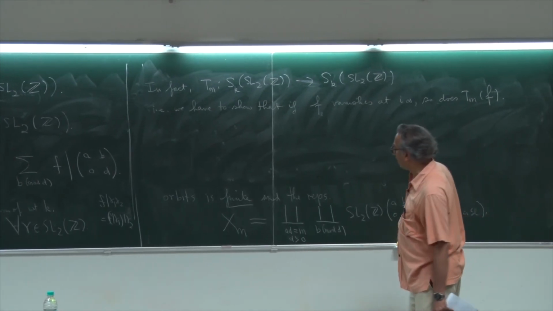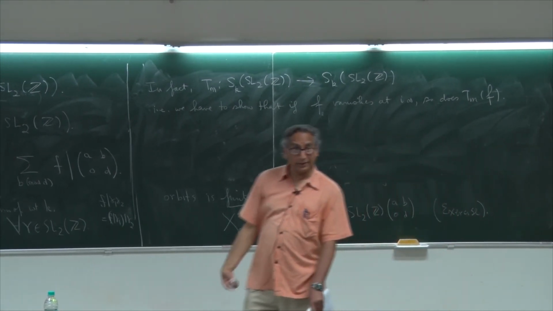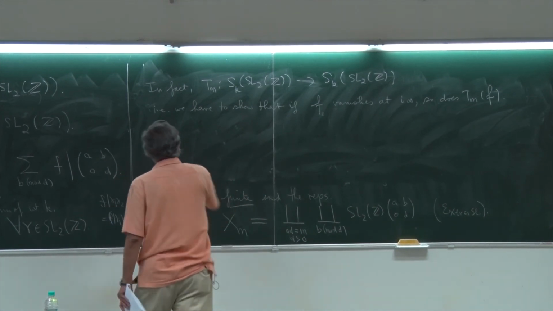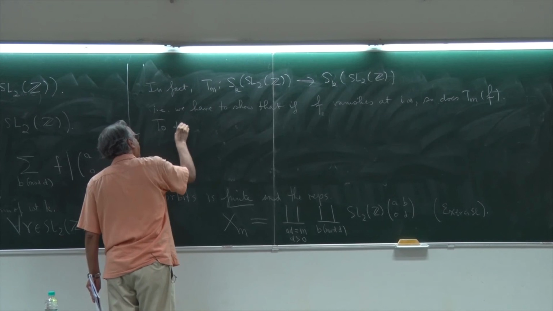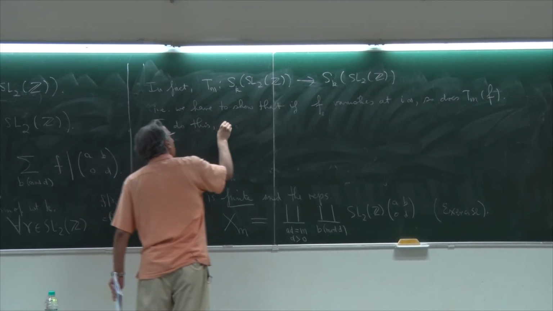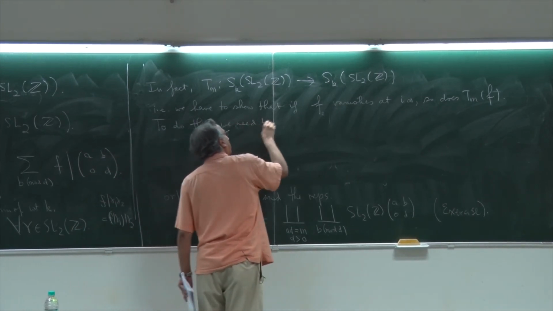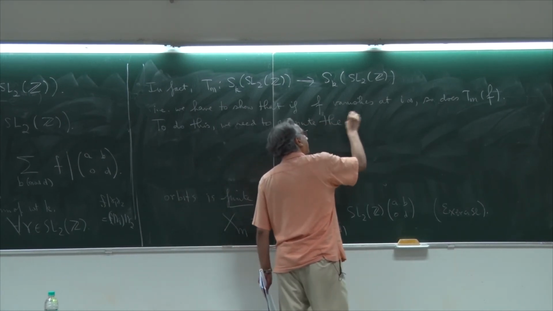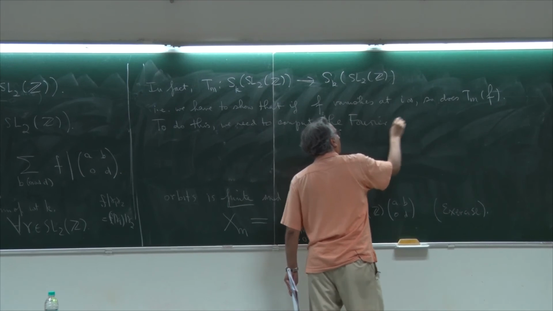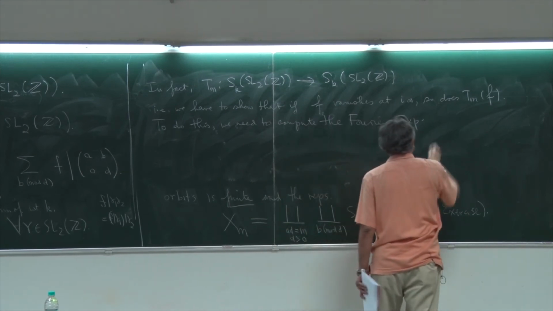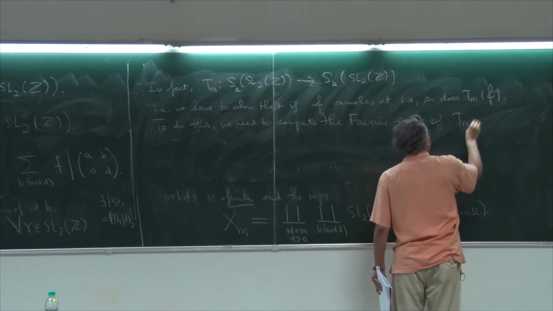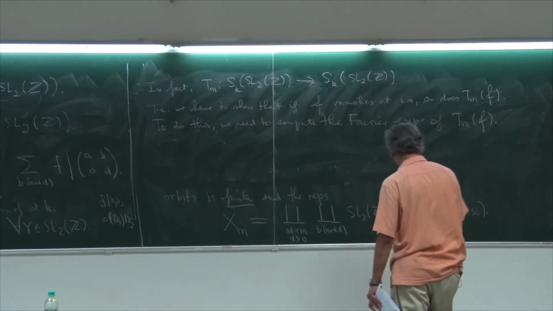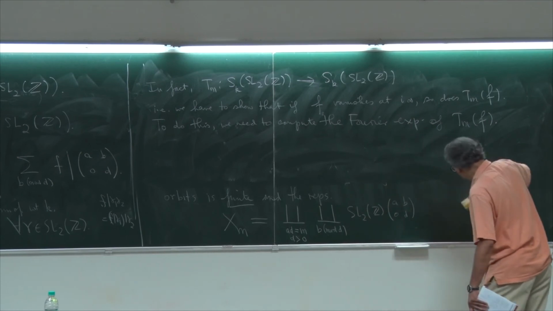So in order to do that, we have to calculate the behavior of T_m of f at infinity, the Fourier expansion. So to do this, we need to compute the Fourier expansion of T_m of f. And this is not terribly difficult. So let's just do the obvious.